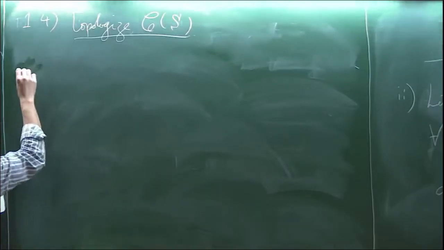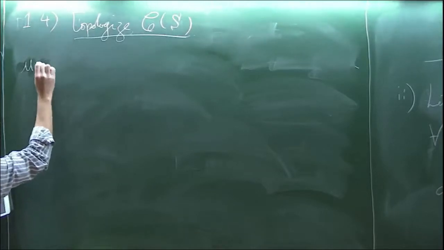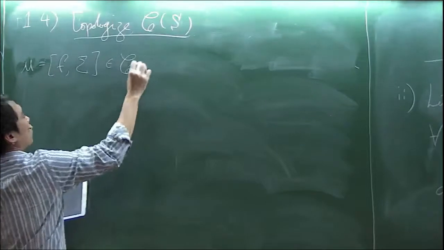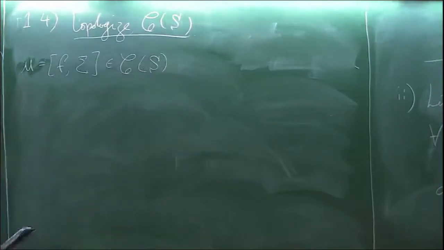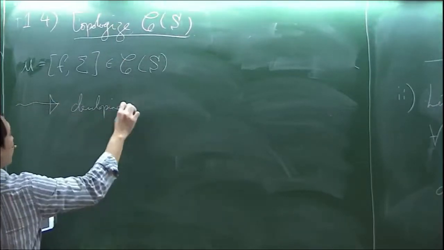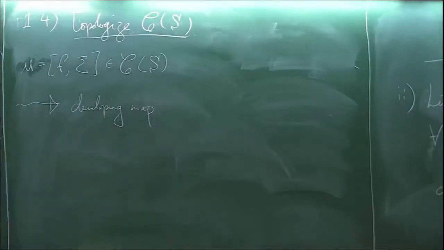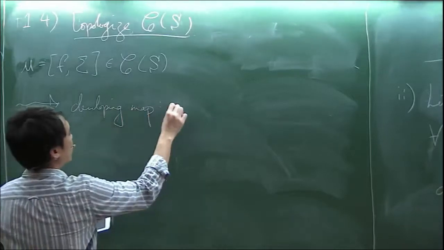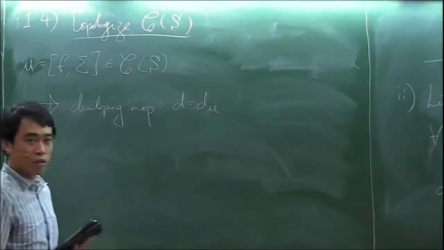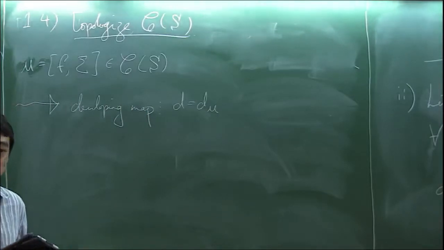So you start with mu, which equals (f, sigma) inside of CS, a convex projective structure on S. From here, you can get two pieces of data. The first one is the developing map, the same developing map as the one that Stefano told us about. I'm going to denote this by D, or sometimes D mu if I want to record the convex projective structure it comes from.